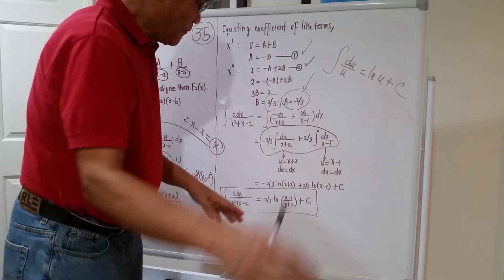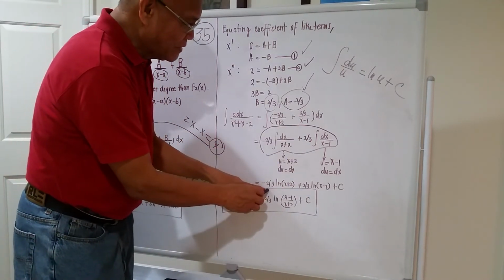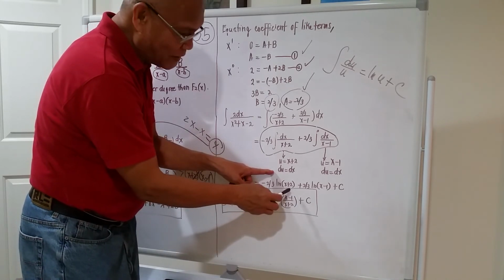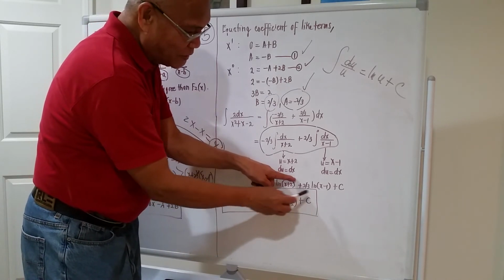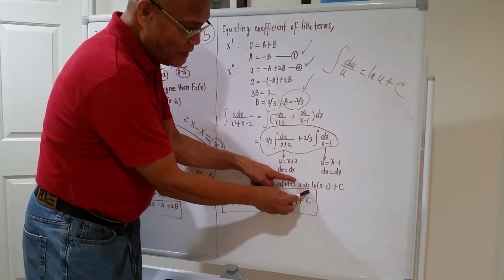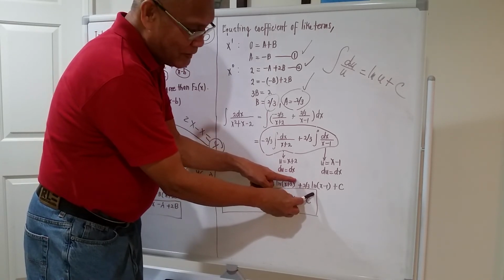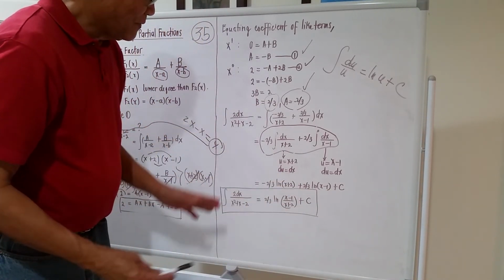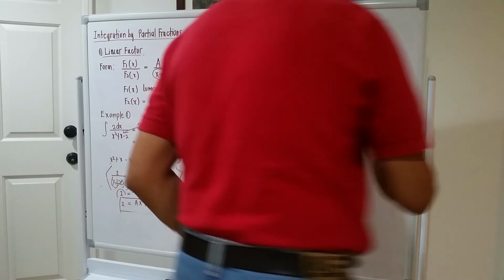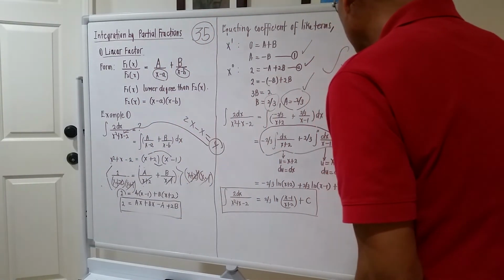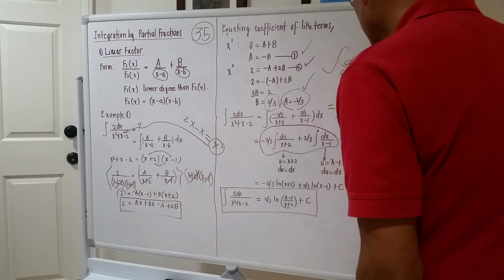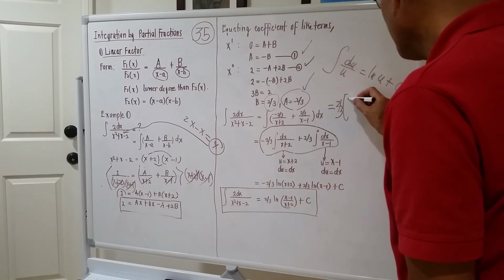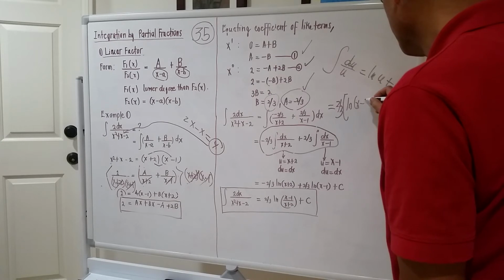So the final answer will be negative 2/3 natural logarithm of quantity x plus 2, plus 2/3 natural logarithm of x minus 1 plus c. Common factor is 2/3. I will bring it here, 2/3. The first one, we will take the plus side, the natural logarithm of x minus 1.